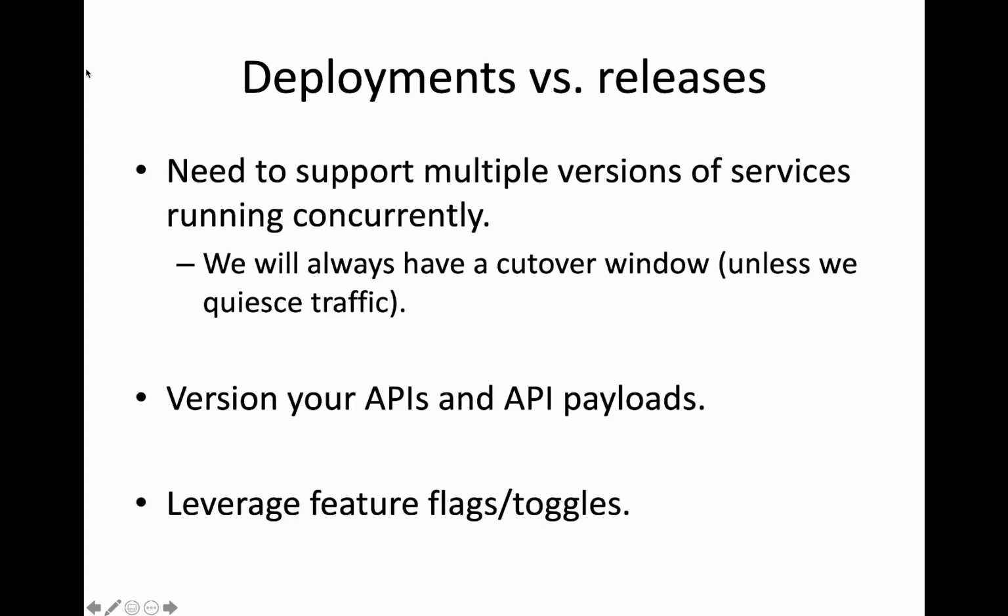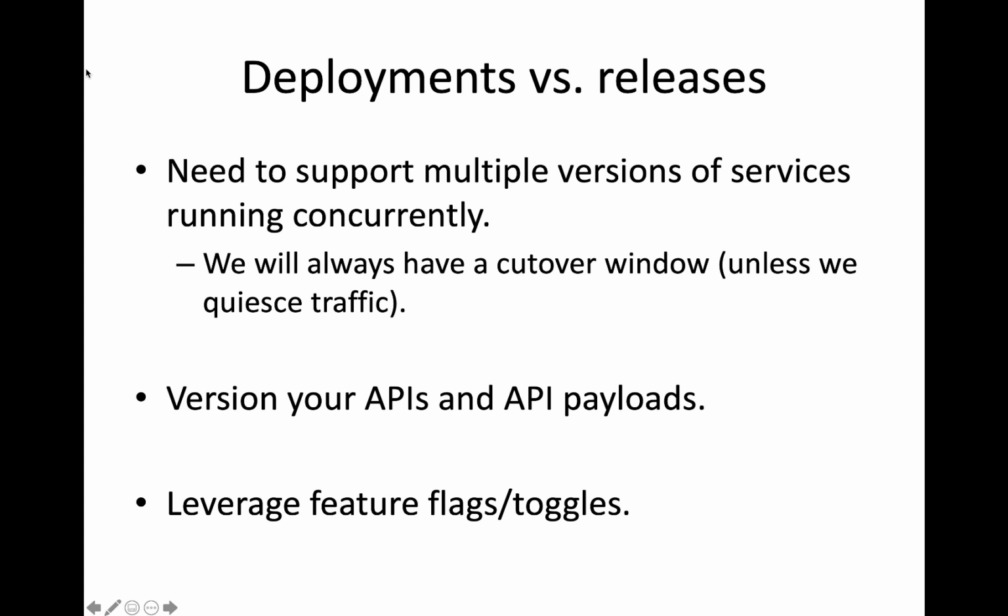And in order to do that, essentially what we need to do is design our software in such a way that we can support multiple versions of our software services running concurrently in a production environment. So in a sense, we have a platform that's designed to always stay running and a platform that will never have a maintenance window.